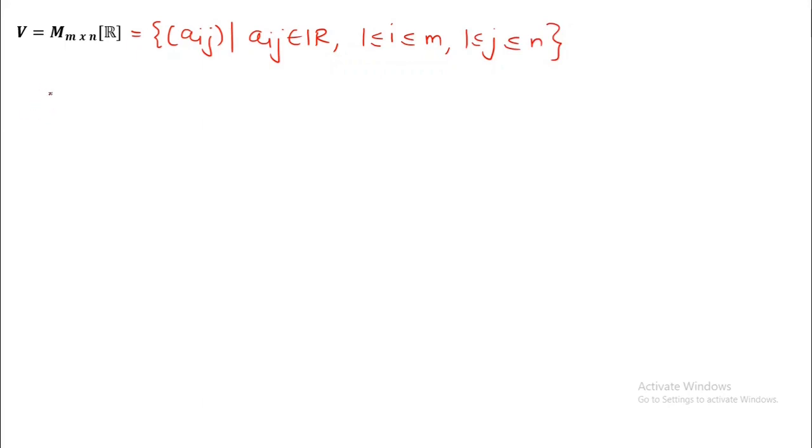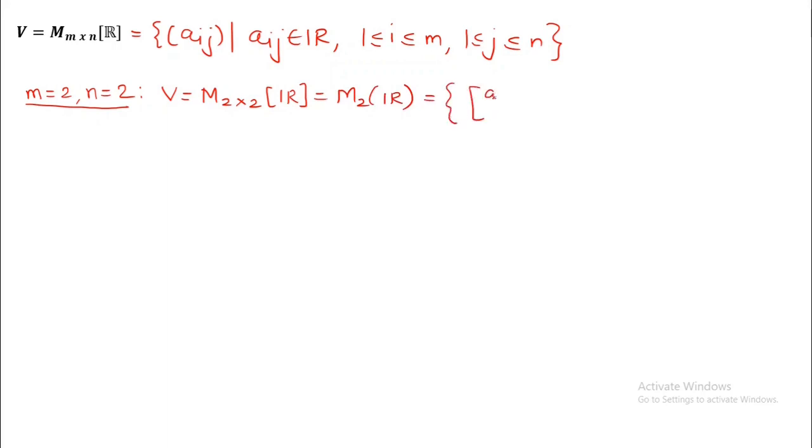Now first case, I will take m to be 2 and n to be 2 because we have come across this example many times. So we will be collection of 2 by 2 matrices with real entries. Sometimes it is simply denoted by M2 of R. So it is a collection of set of all a, b, c, d such that a, b, c, d belongs to what? R.